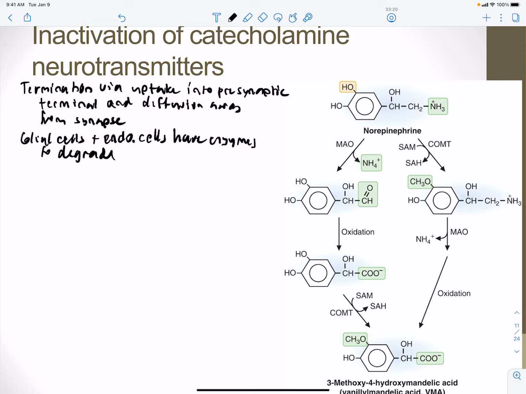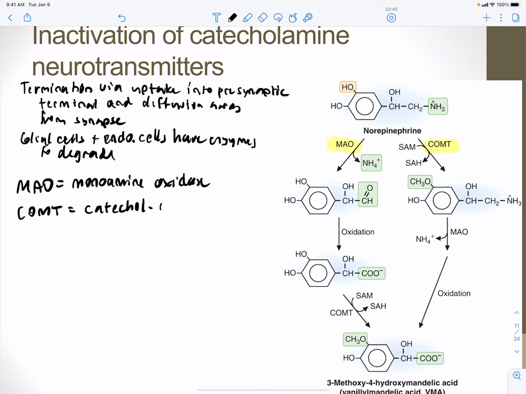So we have our MAO, which is our monoamine oxidase. And we have our COMT, which is our catechol O-methyltransferase.